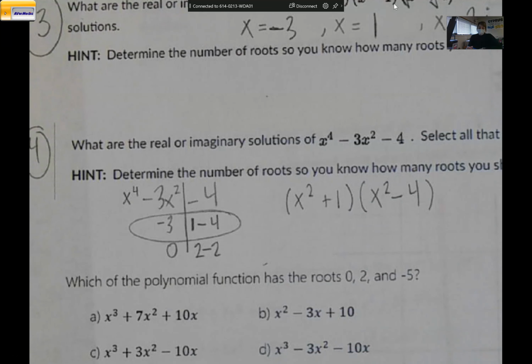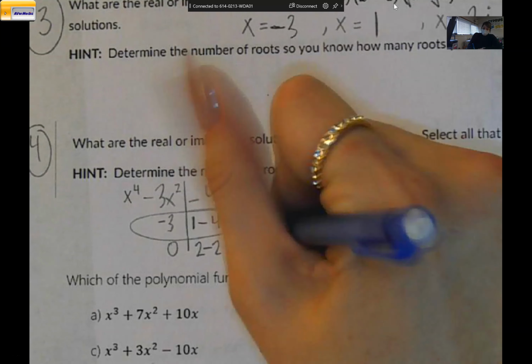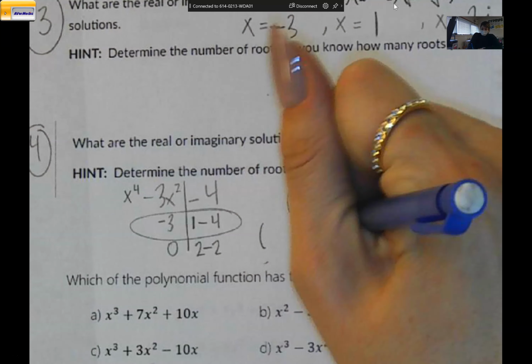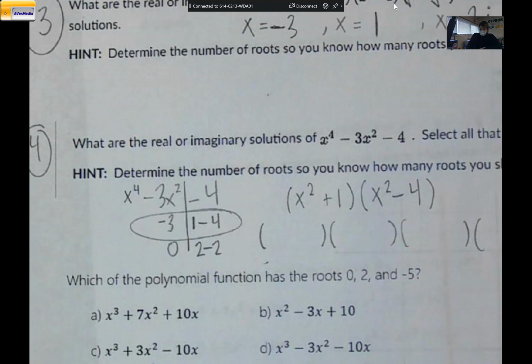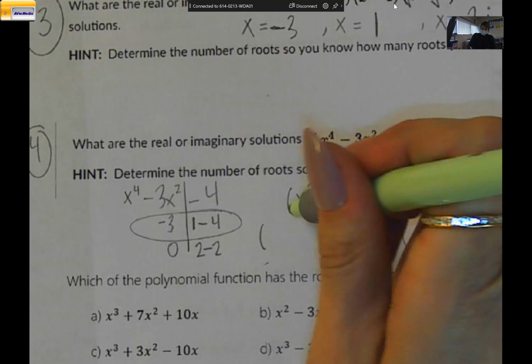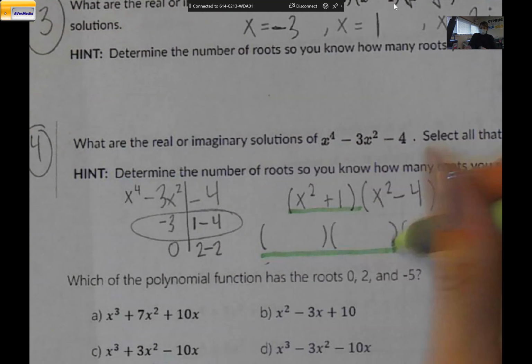And now you have 2 special binomials. These are those crazy ones that turn into 4 binomials. So this is our first set.